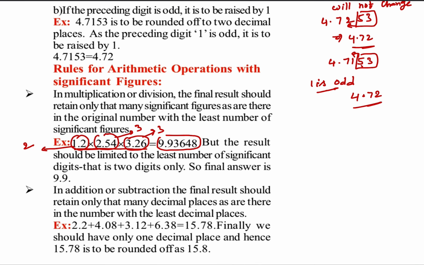If you multiply 1.2, 2.54 and 3.26, you will get 9.93648. But after multiplication or division of any measured values, the final result should contain only the least number of significant figures of that operation. Which has the least significant figures here? We can see 2 is the least.